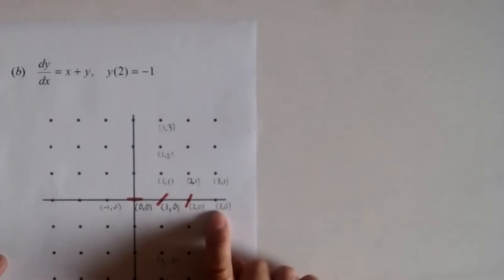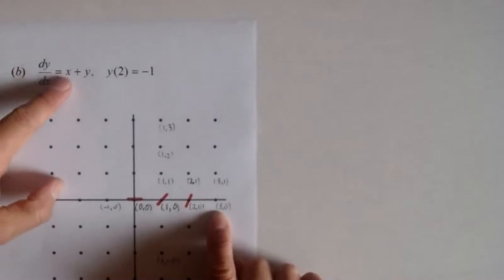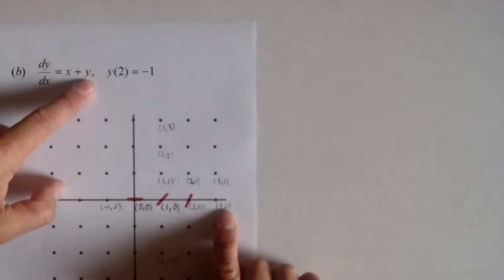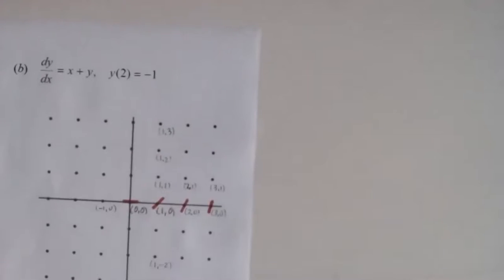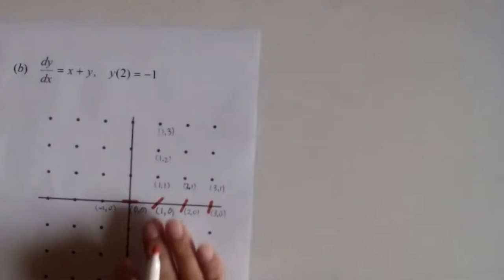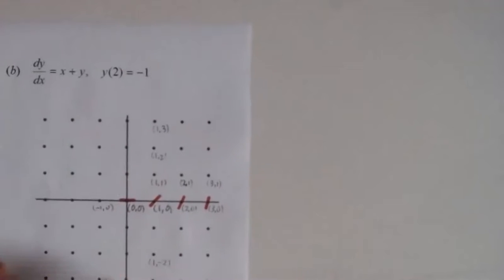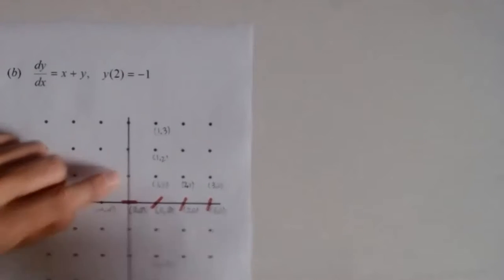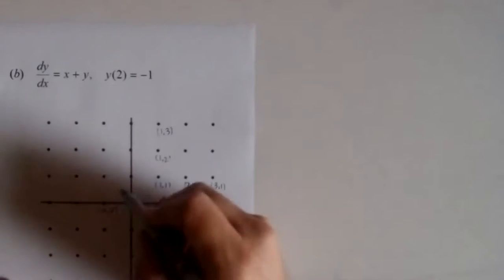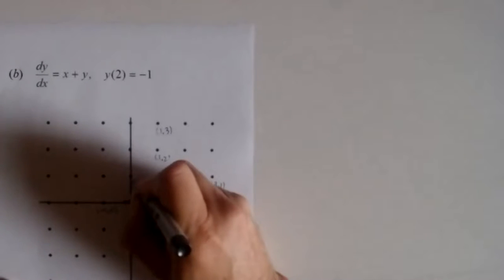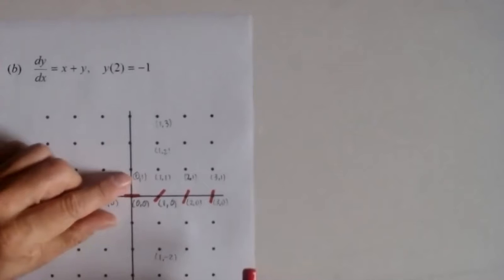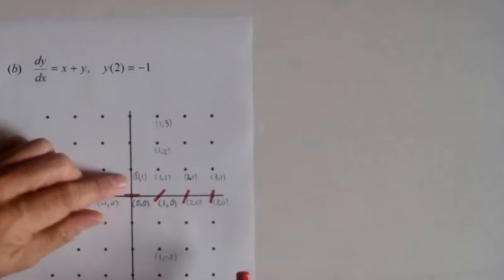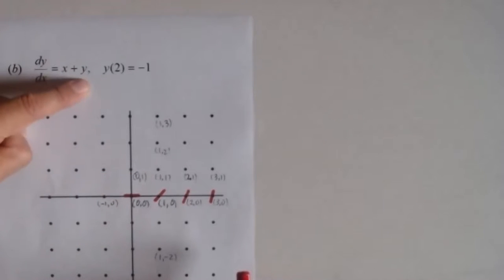What about here? Okay, here is the point 3, 0. The slope right here is 3 plus 0, which is 3. So you're going to have a steeper line. You see? Now, the same reasoning is going to happen for the y's. This is the point 0, 1, right? So for this point, x is 0, y is 1. So this is 0 plus 1.